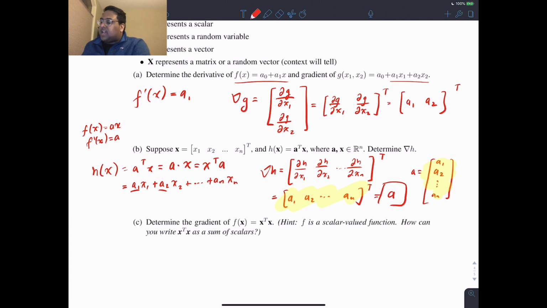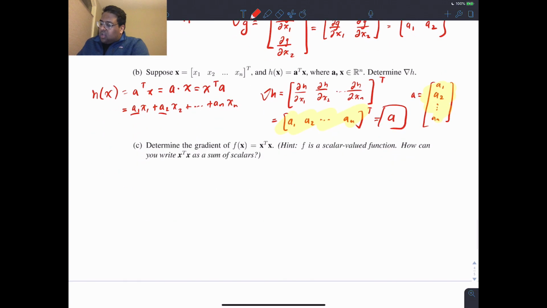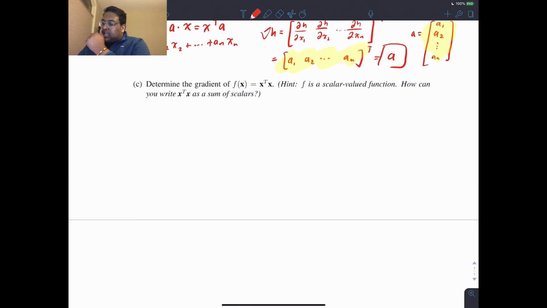It's not the exact same, but you can see the parallels in a very abstract sense. So hopefully it's clear that the gradient of A transpose x, or equivalently the gradient of x transpose A, both equal A.